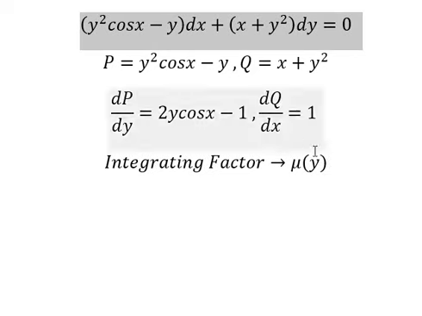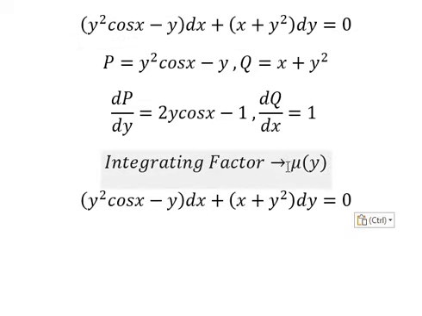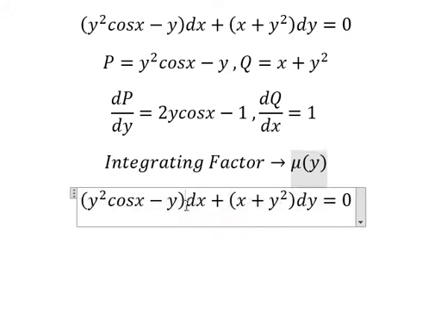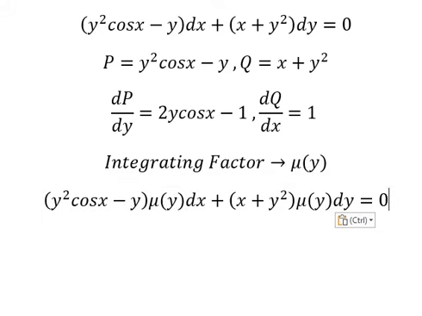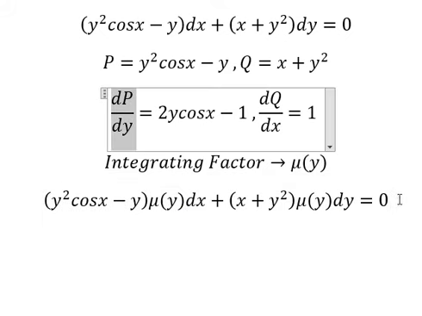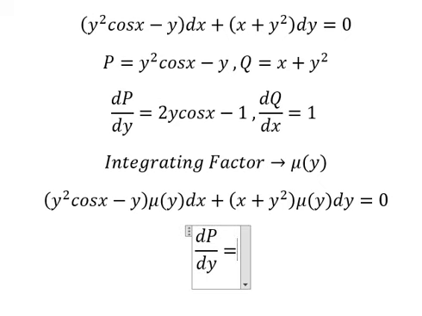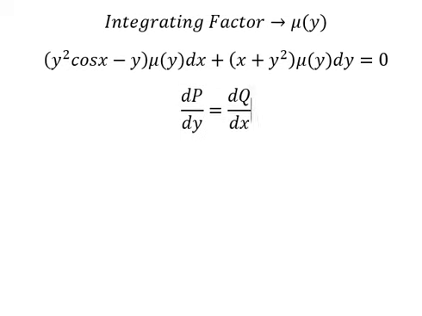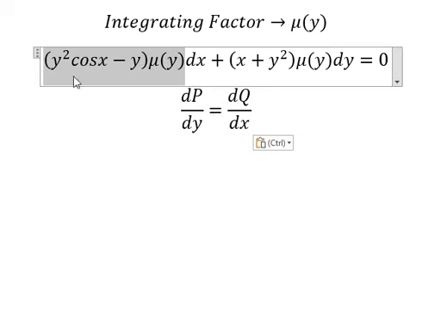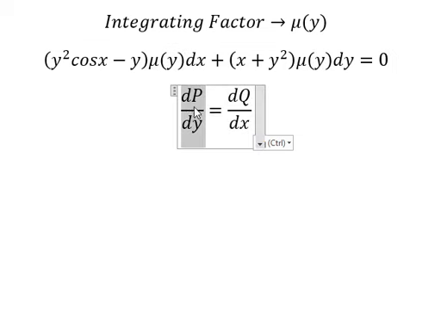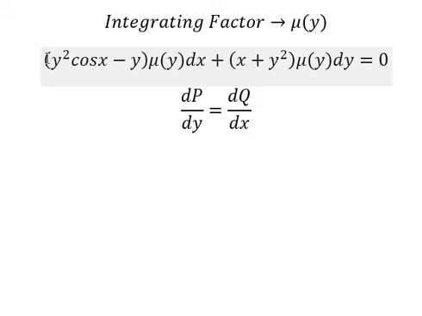Now we need to multiply both sides by this one, and we want db over dy equals to dq over dx. So this is about b, this is about q. So about this one, if we do first derivative of b with respect to y, so we have like this.